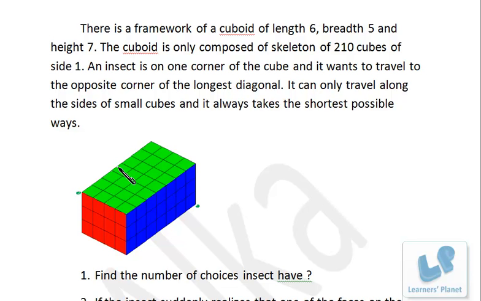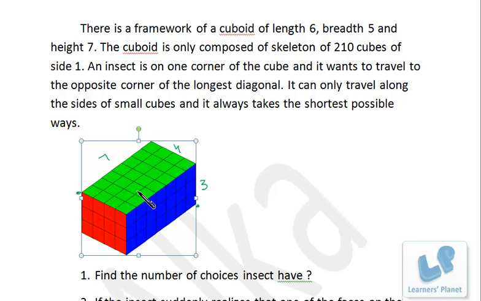1, 2, 3, 4, 5, 6, 7, then 8, 9, 10, 11, 12, 13, 14. That means 7 steps in this direction, then 4 steps in this direction and 3 steps in this direction. These are actually the dimensions of this cuboid, 7, 4 and 3.